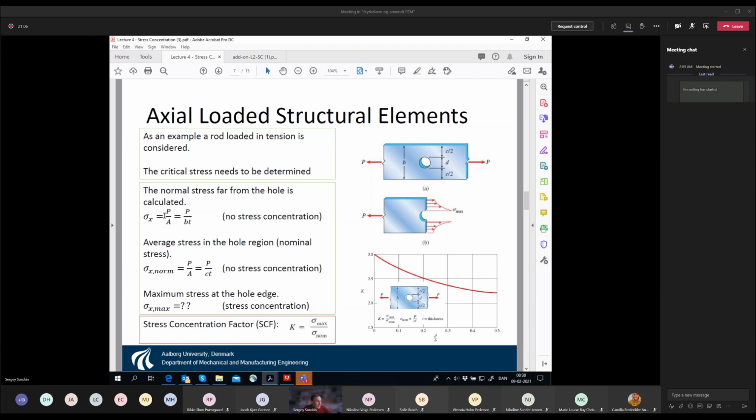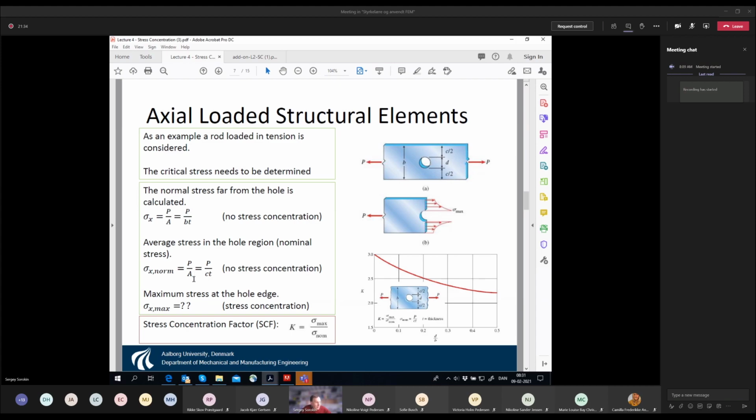So there's just this force divided by the area, where B is this width and T is the thickness. Then we take the average stress or nominal stress in here, and as I showed you in the previous handwritten slide, it's the force divided by this reduced area.